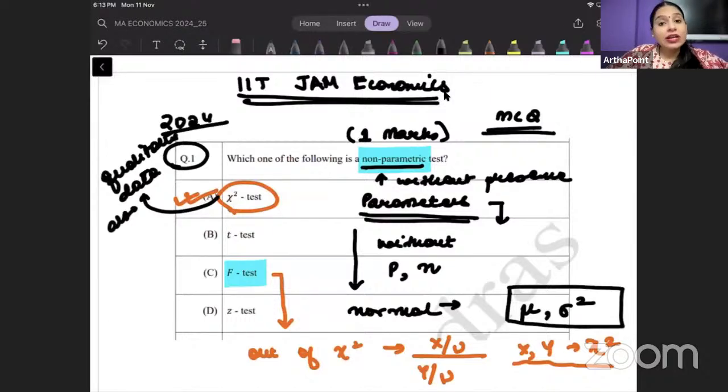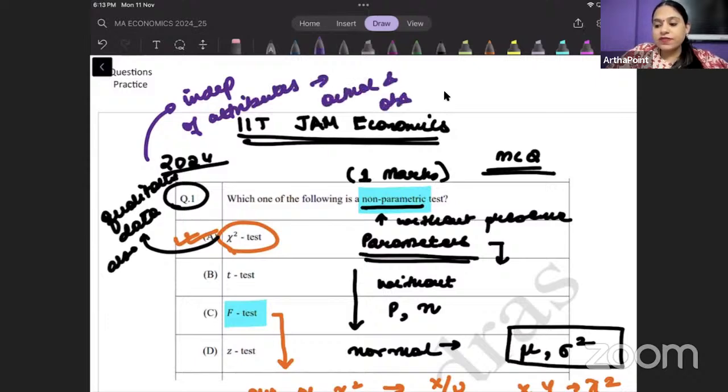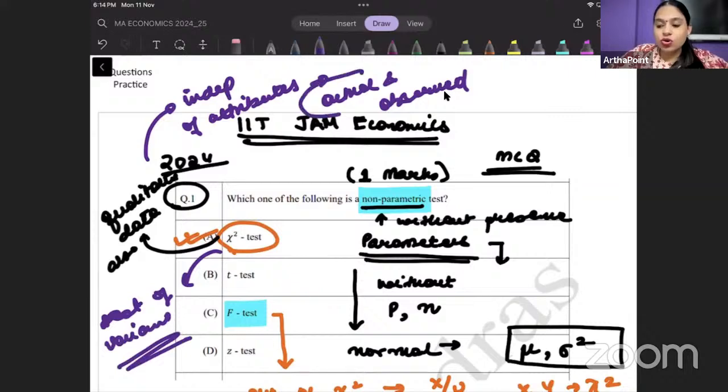Its applications include things like independence of attributes, where we are comparing actual and observed values. ठीक है, एक एप्लीकेशन ये भी था where we are doing test of variance. But one application was also comparing actual and observed values. And in that comparison of actual and observed values, there was no parameter involved.